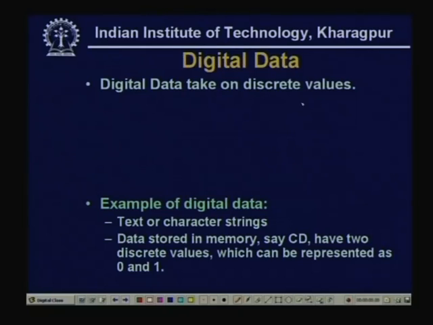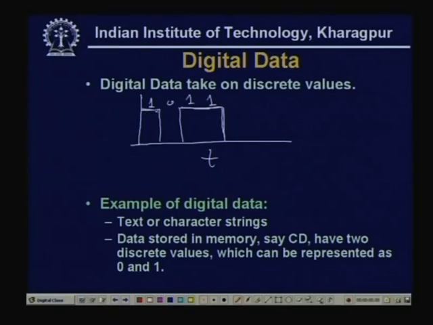Suppose here, again in terms of time, we are representing, it can have say 1, 0, 1, 1. So, these are the discrete values.